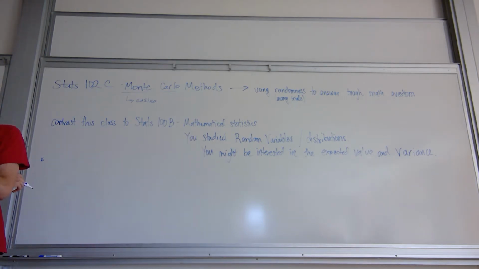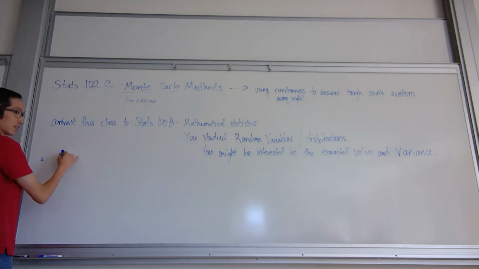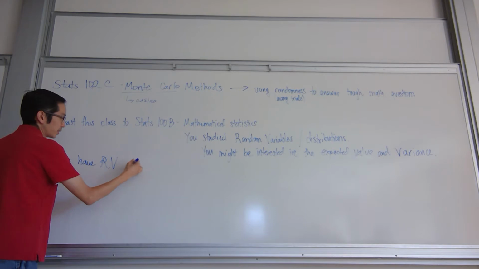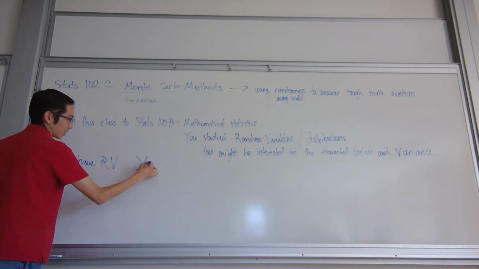Okay, and how does one go about calculating the expected value of a random variable? So let's say we have random variable x.